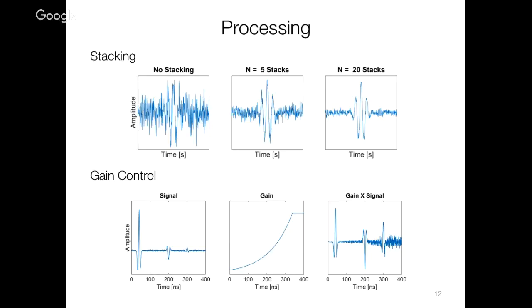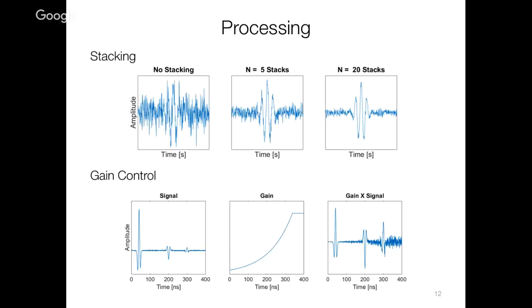What that allows you to do is, even if you're pulling an instrument along, you have ample opportunity to send a pulse out, get a record back, send another pulse out, get another. You could do this hundreds or thousands of times in milliseconds. So you can take advantage of stacking. We're not only going to send one pulse out and get a record back; we're going to do this again and again.